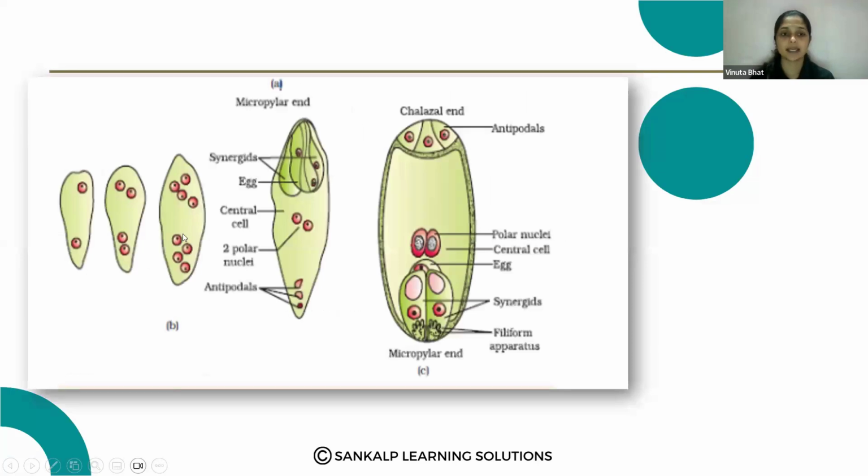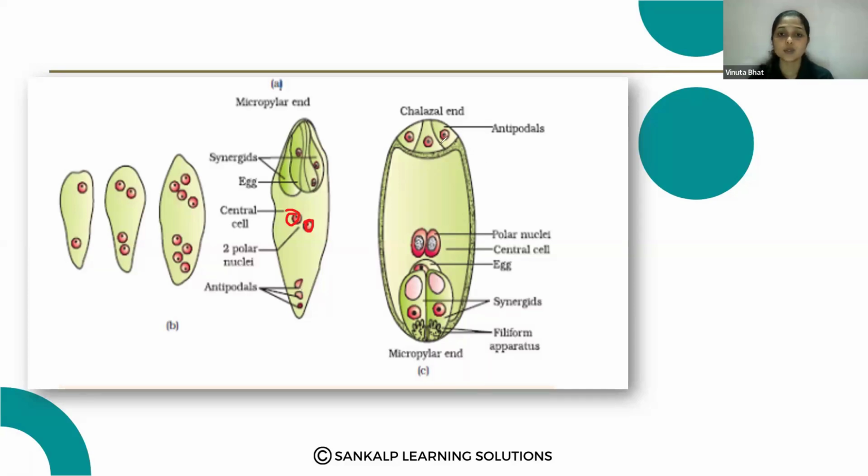After the arrangement of the nuclei, three cells move towards the micropylar region, and cell wall formation takes place around the nuclei, and two at the center, and three are at the chalazal end, right?